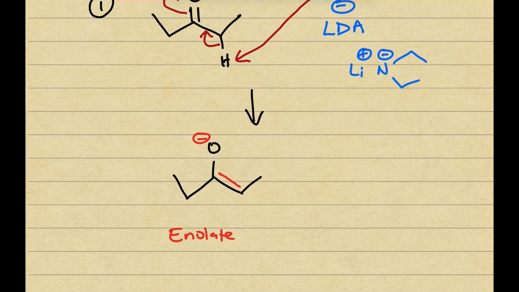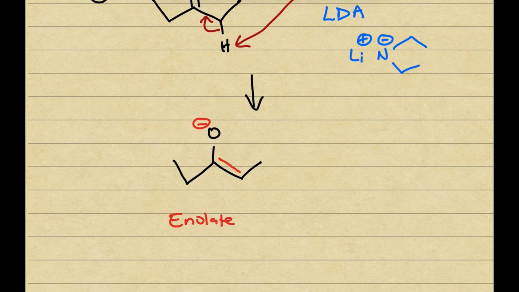So enolates are very good nucleophiles, and they can react with various types of electrophiles. So for example, if you reacted with an alkyl halide, say alkyl fluoride, then the electron pair that makes the minus charge will come back to form a double bond, and at the same time that alpha carbon, the double bond electrons will flow through that to form a bond with a carbon that's bonded to the fluorine, and at the same time the fluorine will leave.